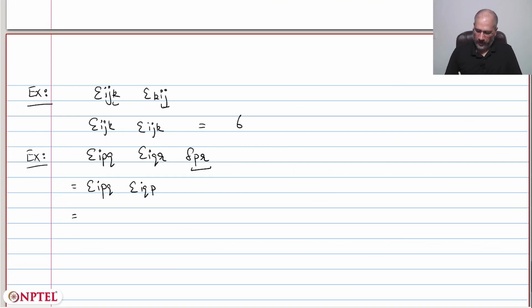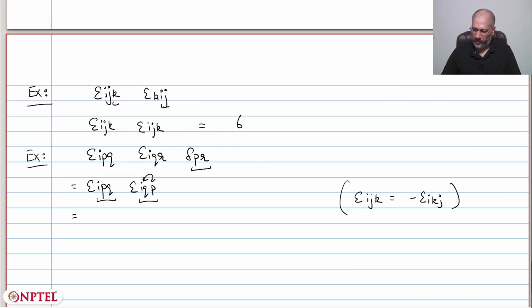And this can now be rearranged. So I have an epsilon ipq and I have an epsilon iqp. So this is where experience comes. Rather than trying to make the last index the same and applying the identity, we can actually see that we can swap p and q, because we know the identity that epsilon ijk is minus epsilon ikj, right?